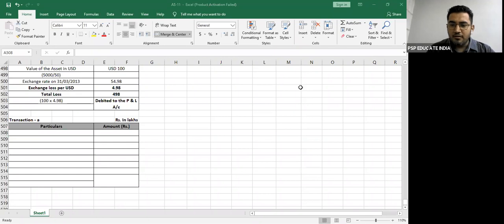We have given the correct treatment. Fixed asset is a non-monetary item and will be treated accordingly. Right, I hope Raj that is clear to you.